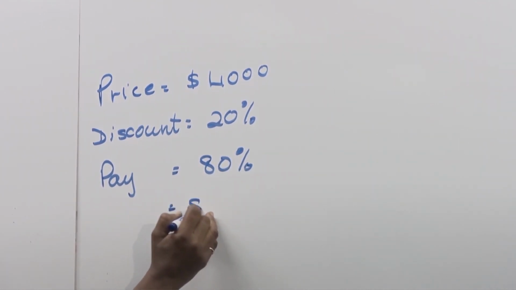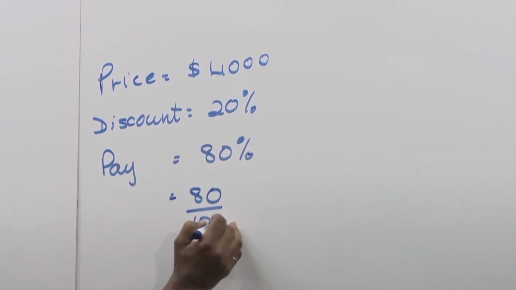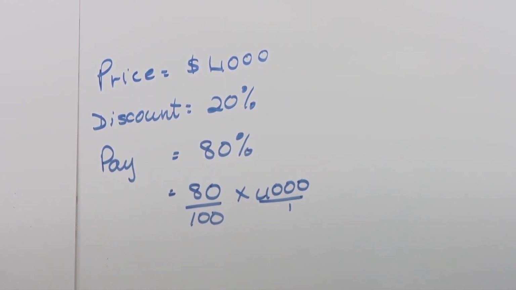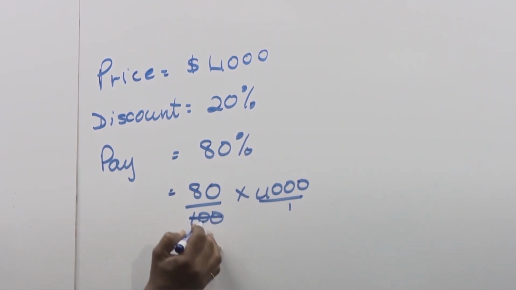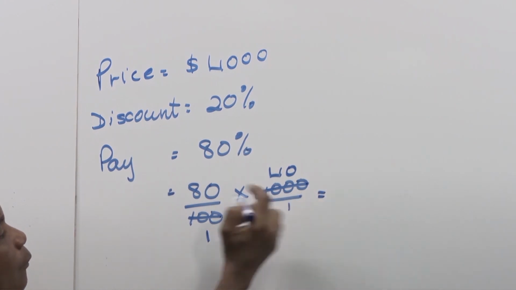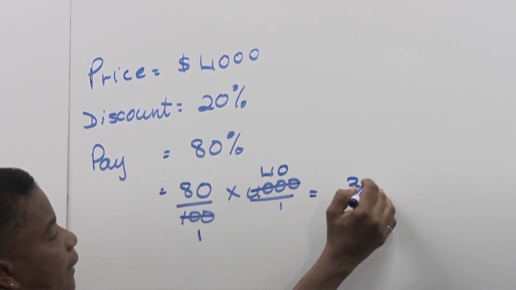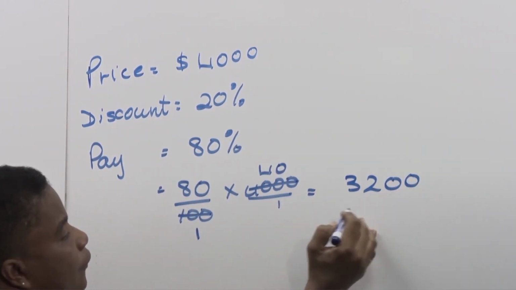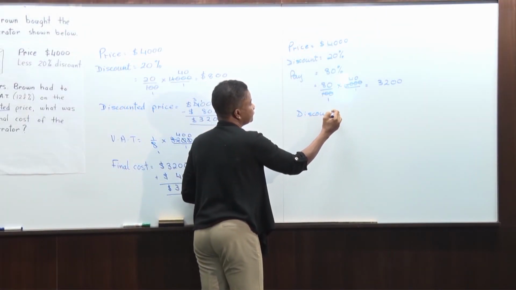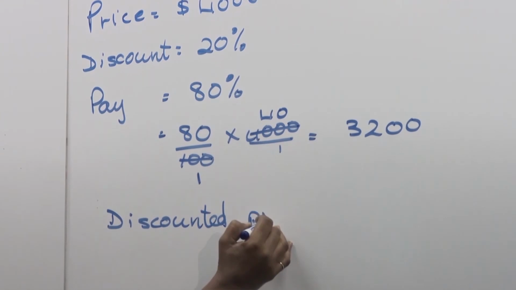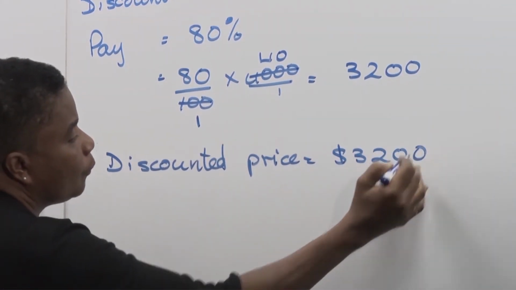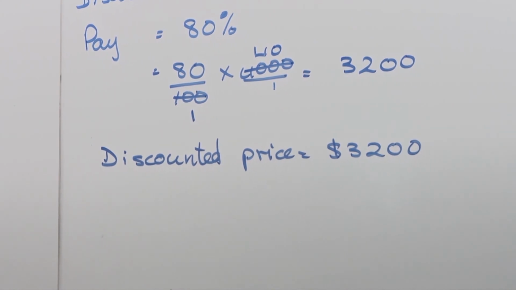So we can find 80% of the $4,000. Let's see what that will work out to be. 100 into 4,000 is 40. When we multiply 80 by 40, we are going to get 3,200. So it means that the discounted price is $3,200, which is the same thing we got here.